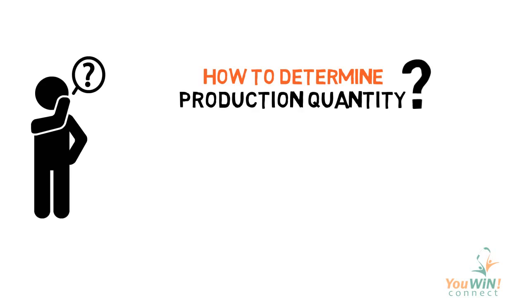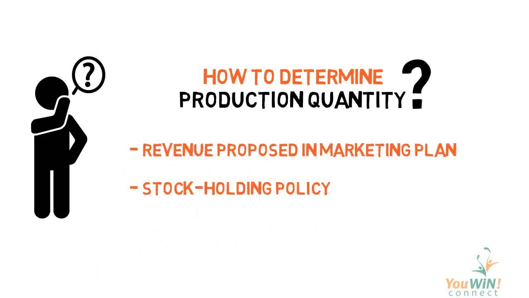In terms of production quantity, we'll look at the revenue proposed in the marketing plan as well as the stock holding policy. Stock holding policy refers to how much of finished goods we want to keep in order for us to avoid stock out when we produce.